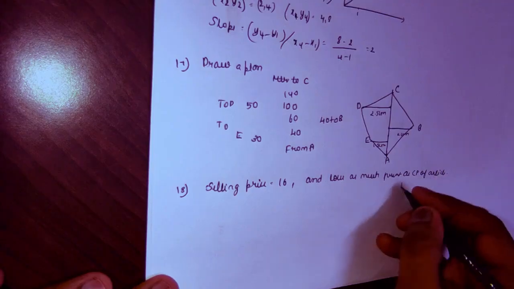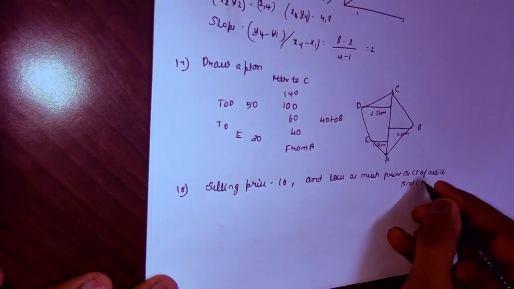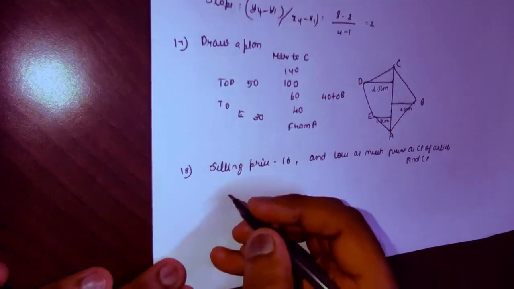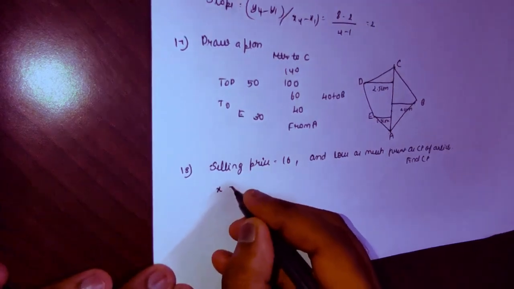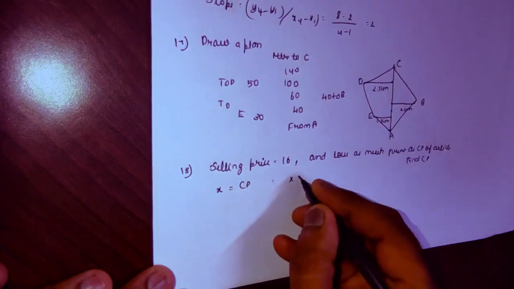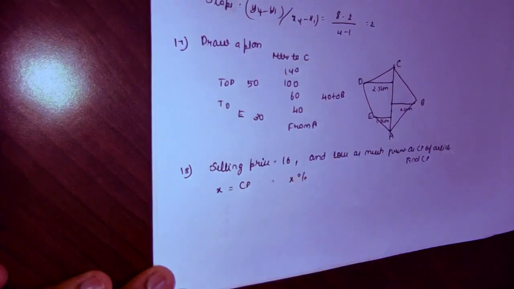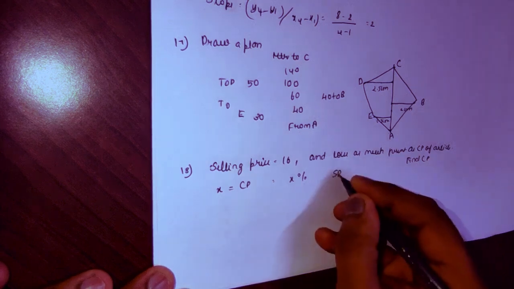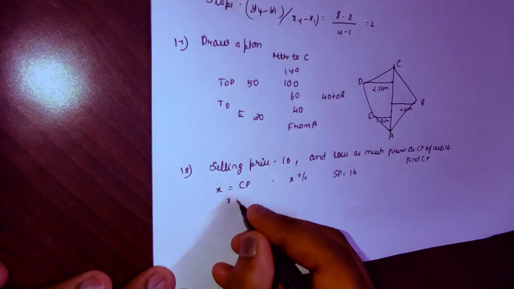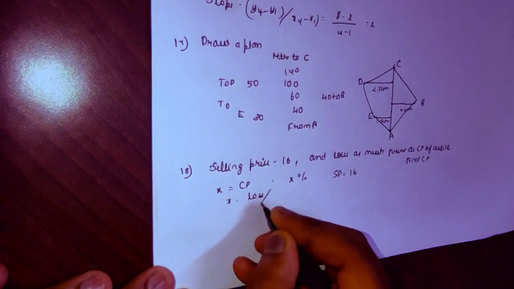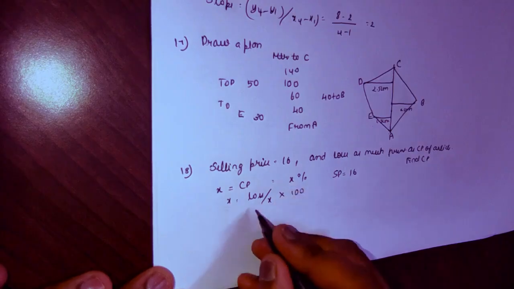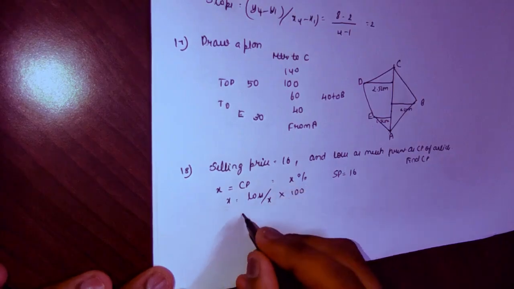We have to find the cost price. Selling price is given, so we'll consider x as the cost price. Loss percentage becomes x percent. Selling price of the article is 16, so x percent is equal to loss by x into 100. This is the loss percentage.